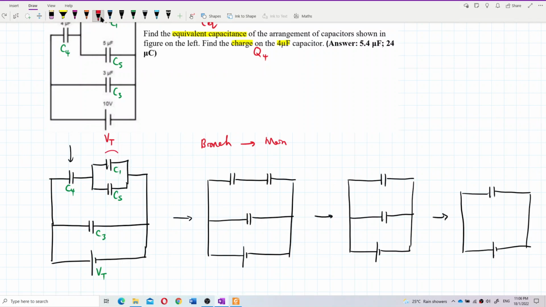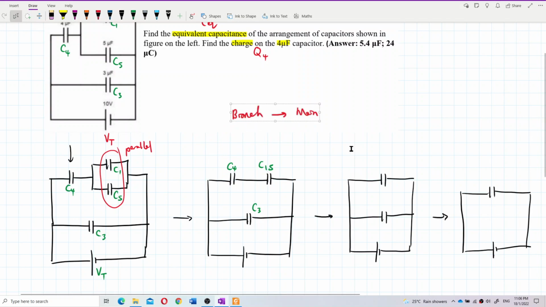It's parallel because the two legs are connected. This one becomes C15, and then this one is C4 and this one is C3.